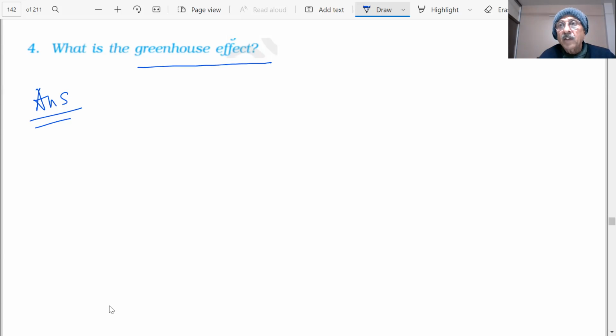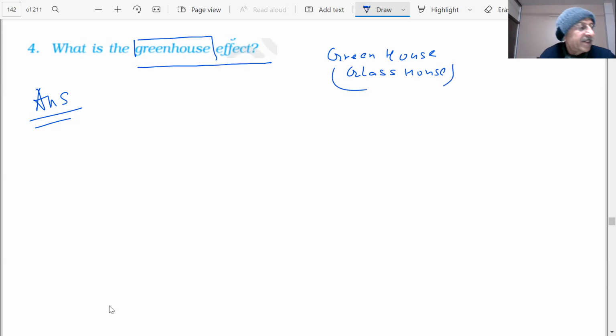We talked of a glass house, student, made up of sheets of glass. What did it do, student? It trapped the heat of the sun, and the temperature inside the enclosure became a little higher than the surroundings.